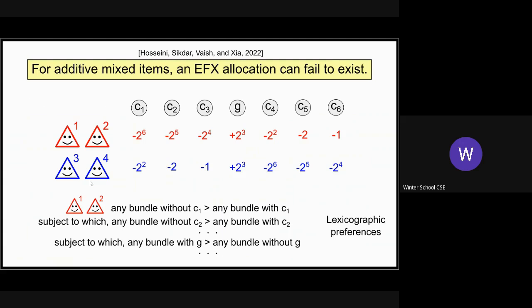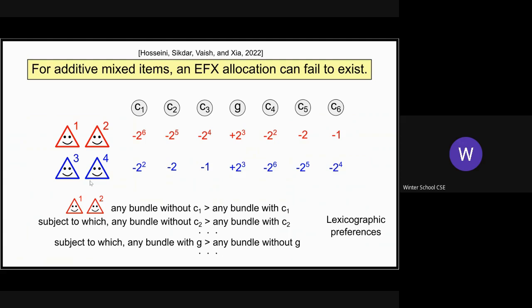In fact, any red agent would prefer a bundle without C1 compared to any bundle with C1, regardless of what the other items are. Even if all these negatives were turned into positives, just because of the geometric nature of valuations, this is so bad, I really don't want any bundle containing C1. That's how negatively bad it is.